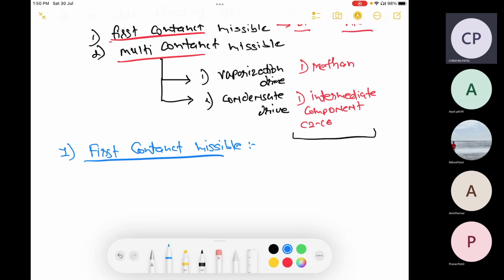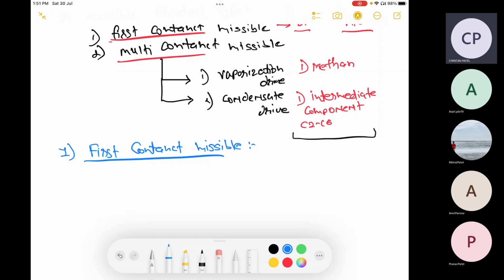Let me ask you one thing. Suppose I have a crude oil in which the percentage of methane and ethane is higher, around 60 to 70% of my crude oil. And suppose I'm injecting two solvents: one is butane and the other is propane.